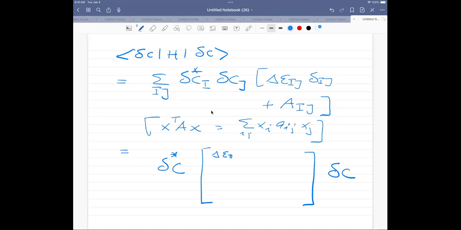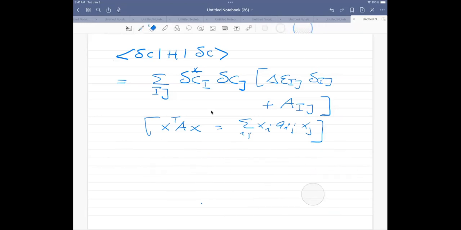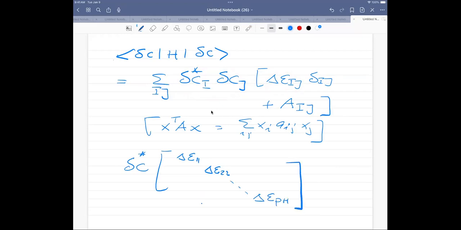Sorry for the mess here. If I look at the first term, this one multiplied with that one, this is simply going to be a delta C multiplied with a matrix where I have a delta epsilon 1,1, then a delta epsilon 2,2, so this has only diagonal elements, and then I have the final one, epsilon p, the final particle-hole pair, multiplied with delta C, another vector.